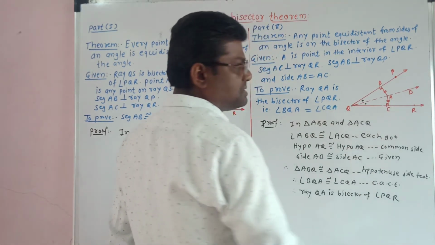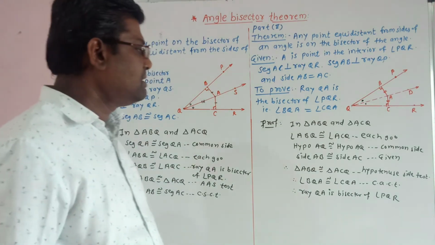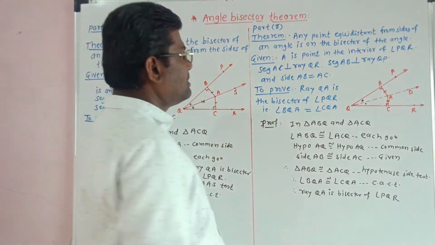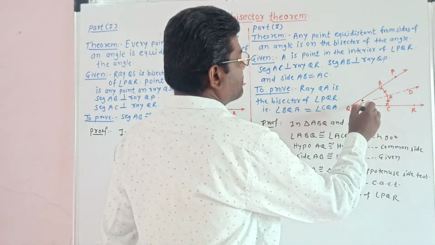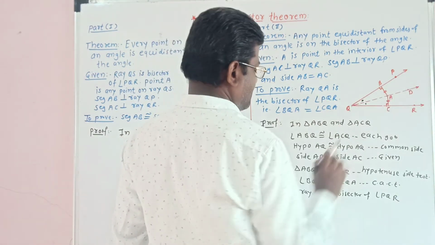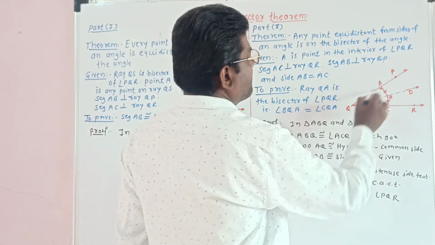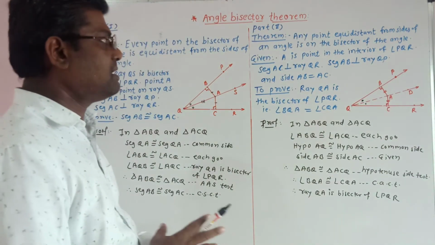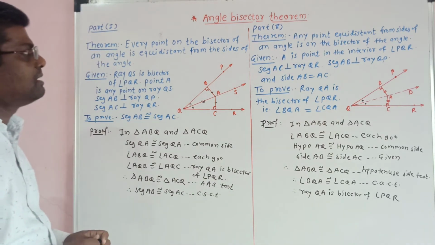This is due to CACT, corresponding angles of congruent triangles. As these two angles are congruent, ray QA is the bisector of angle PQR. Therefore ray QA is the bisector of angle PQR.